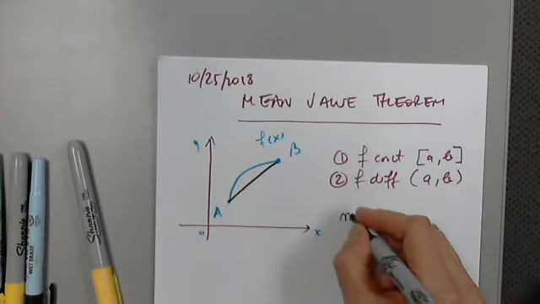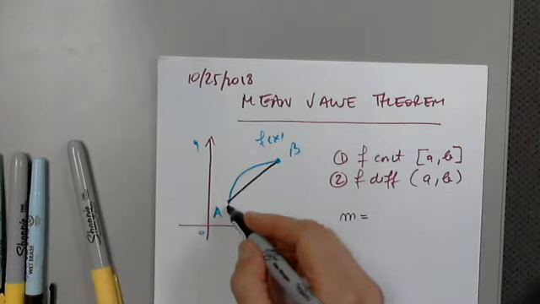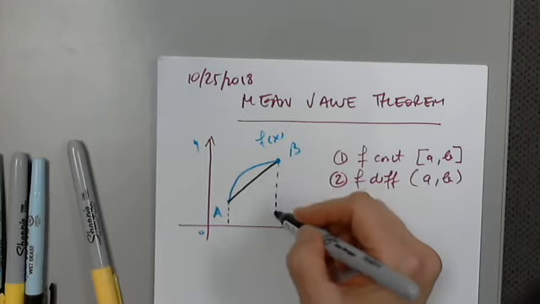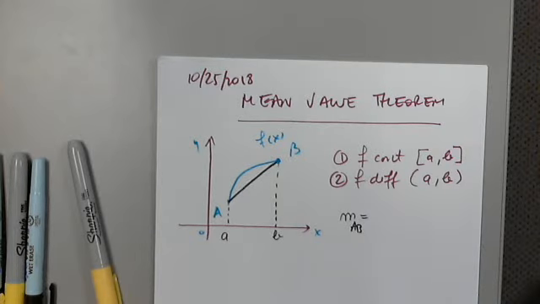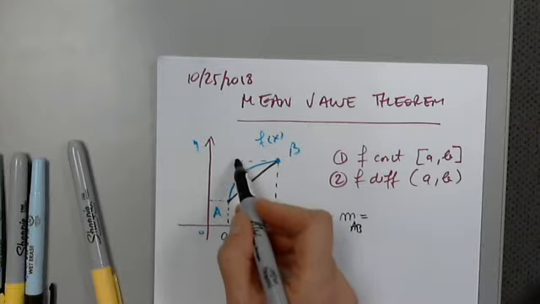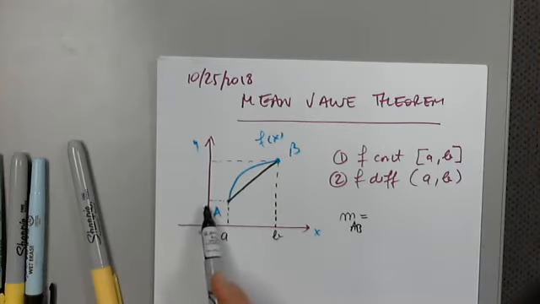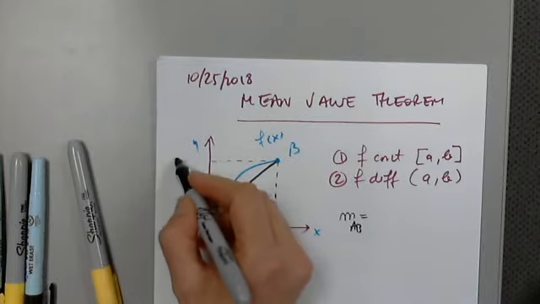I'm going to find the slope of AB. This is A, this is B, of course. The coordinates of A and the coordinates of B will be A, f of A, and B, f of B.